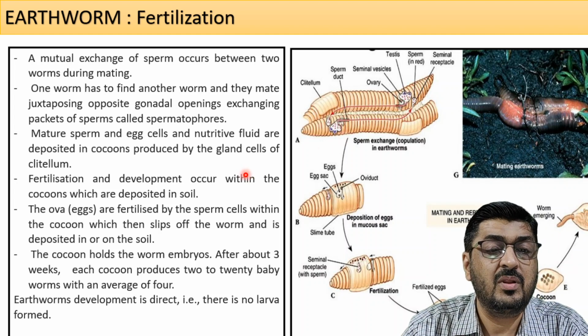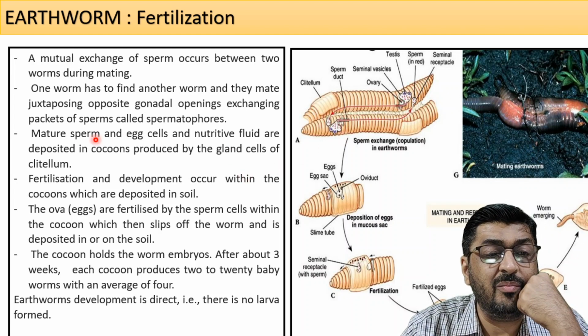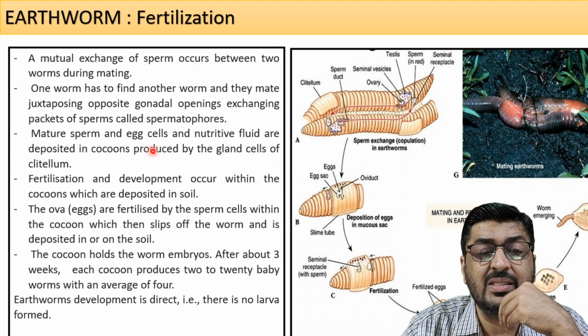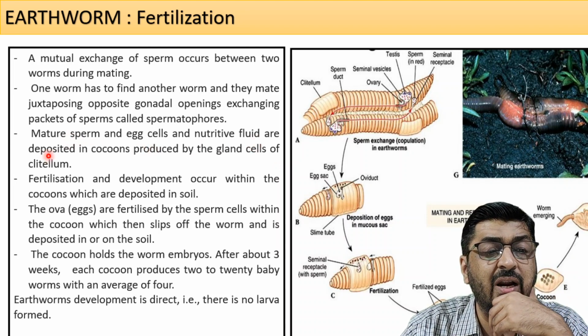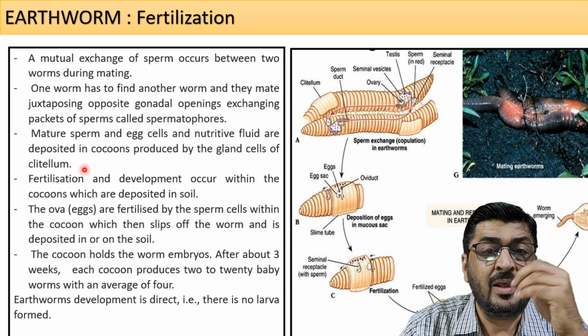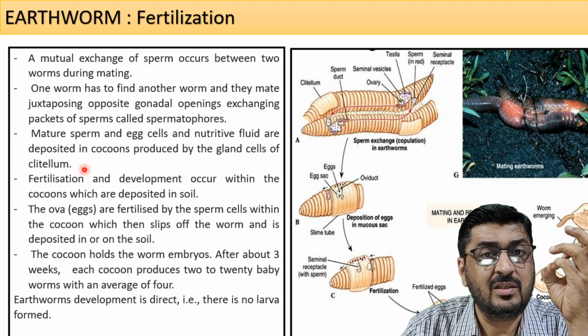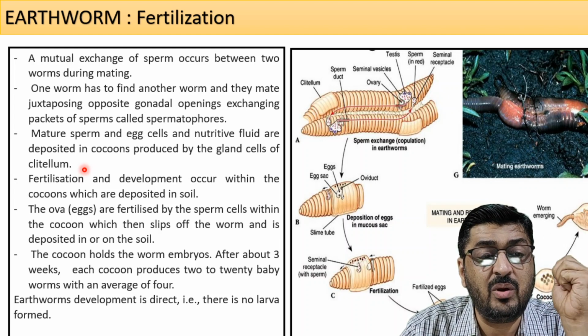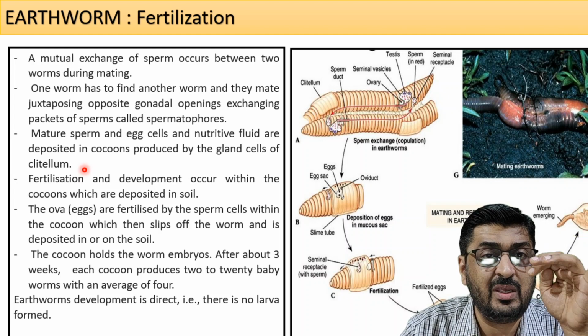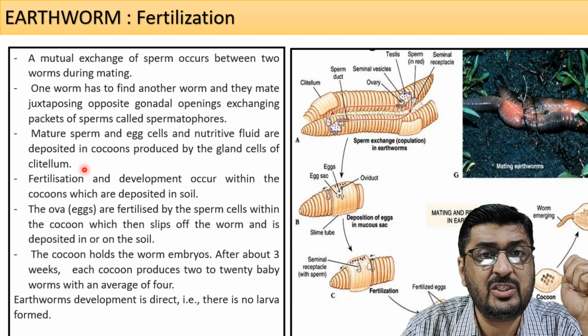Juxtaposing. Right? Now what is happening? Mature sperm and egg cells and nutritive fluid are deposited in the cocoon by the glands of clitellum. Right? Where is the clitellum structure? 14, 15, 16. Right? So where do the sperms get deposited? Tell me. Spermatheca. Transferred down. Right?